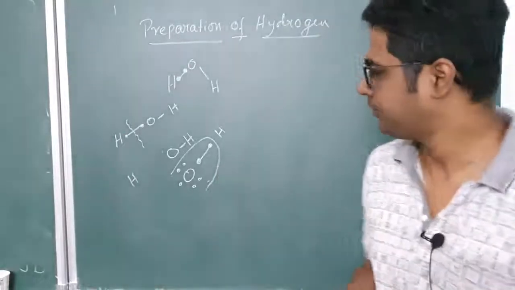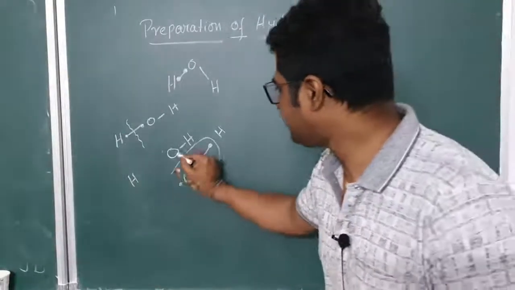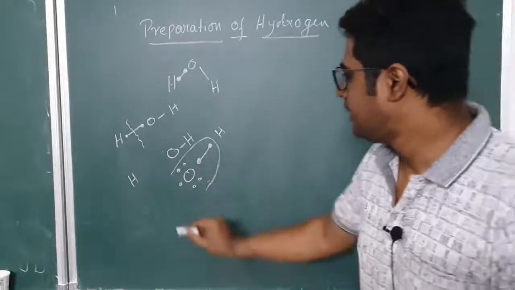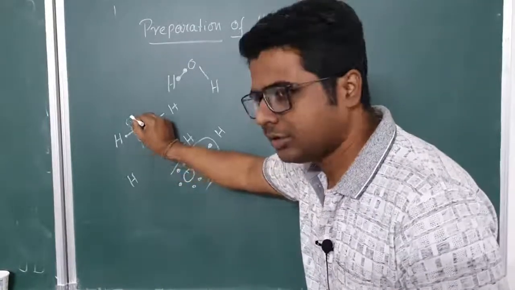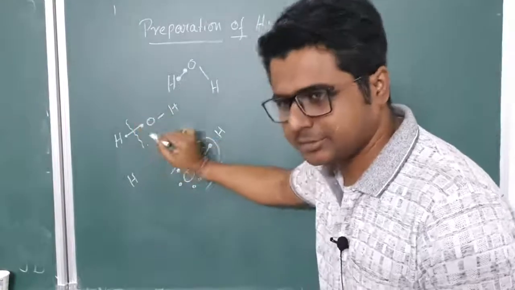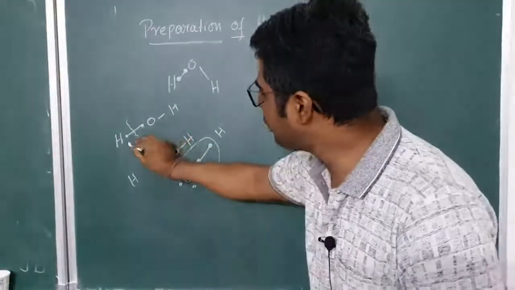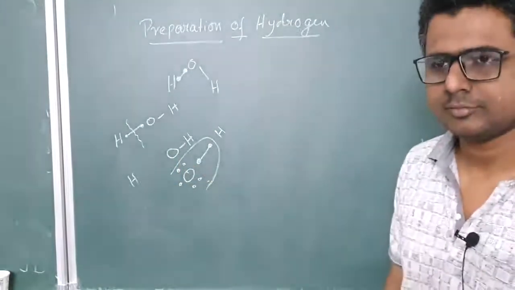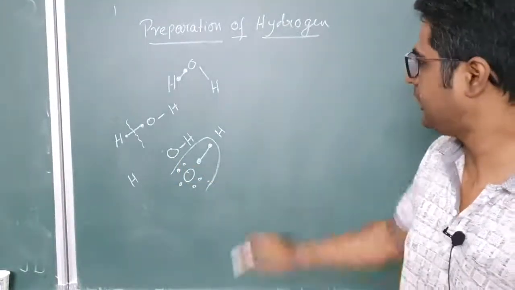So if you see this part now, if I go for homolytic cleavage, both retain their electrons. So it will be H and OH like this. Now there is another kind of cleavage also, like this one.